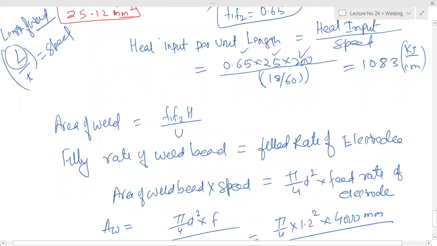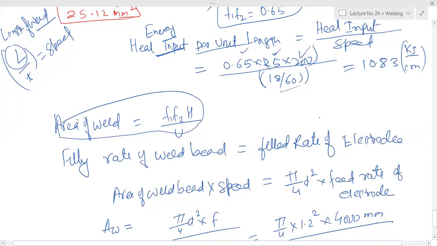So they have asked heat input, that is energy, not power, per unit length. This is voltage and current, then divide with the speed. It's a repeat problem.